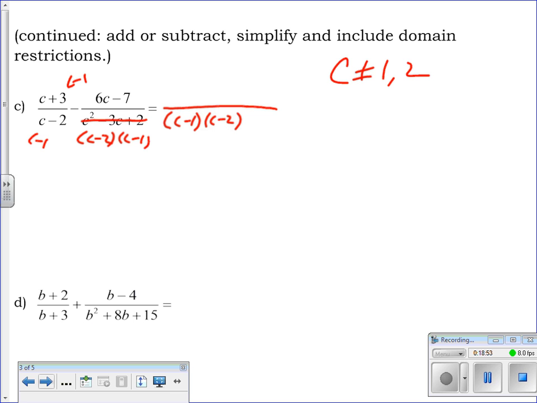I do have to FOIL out my numerator for addition purposes. So I have to do C plus 3 times C minus 1. C times C gives me C squared.